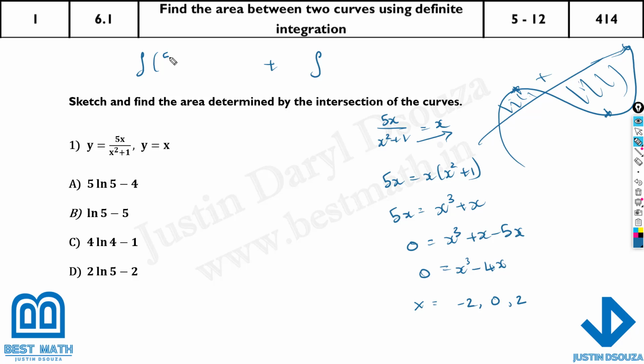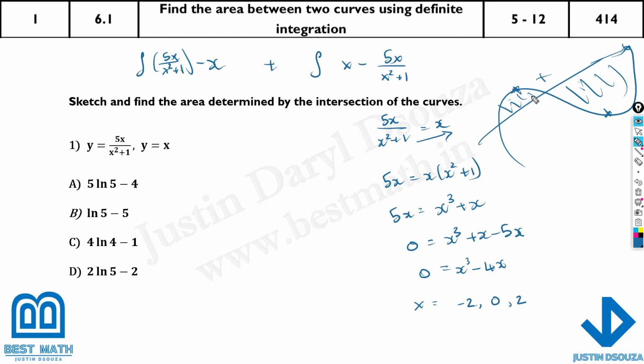All you do is, I'm starting with 5x by x squared plus 1. Okay, I'm starting with this. And then I'm going to do that minus x. But over here, I'm going to do x minus 5x by x squared plus 1. This is it. You can't keep 5x by x squared plus 1 the same thing over here as well, because then it'll just nullify, it'll be 0. I mean, not 0, it depends, you know.